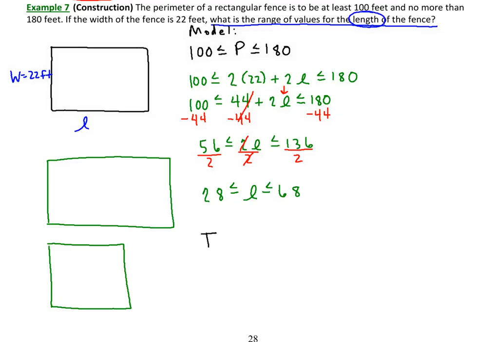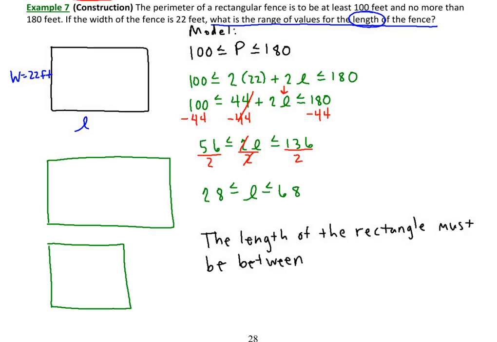So we can say the length of the rectangle must be between. Now, I want to communicate the idea that we're using an inclusive inequality here, so I'm going to say between and including.